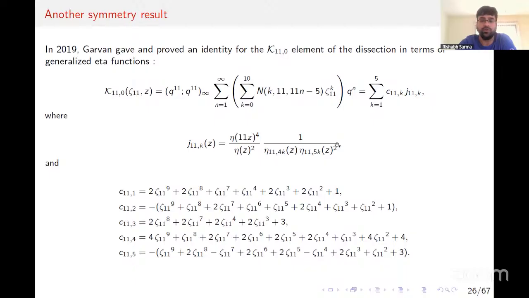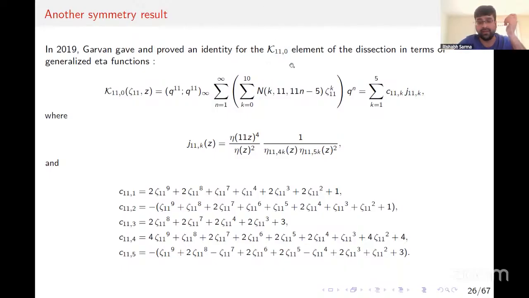So what we do is we try to do the same for not just 11,0, the 0th element of the dissection, but all elements of the dissection. And the beauty of the symmetry result is that if we can find the identity for one of them, one quadratic residue case, one quadratic non-residue case, and the 0th element, then we can find for all of them because of the symmetry result.